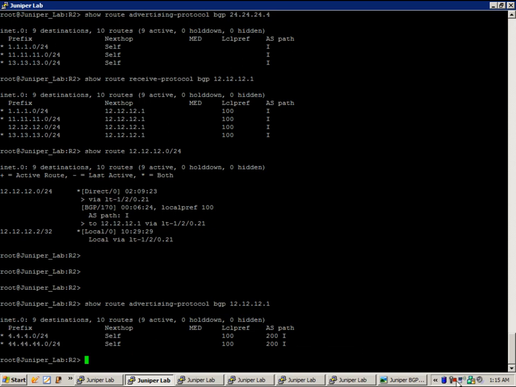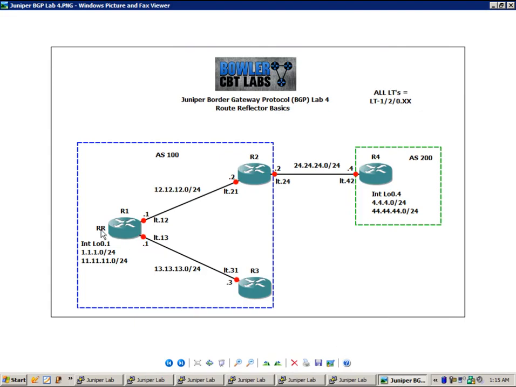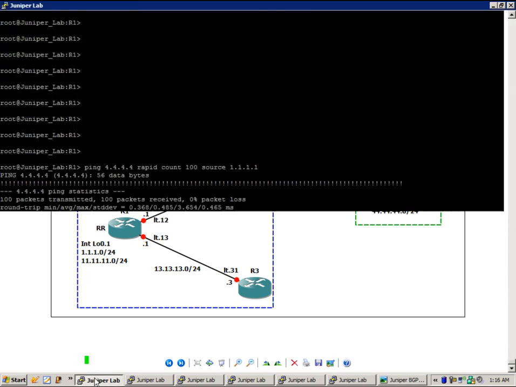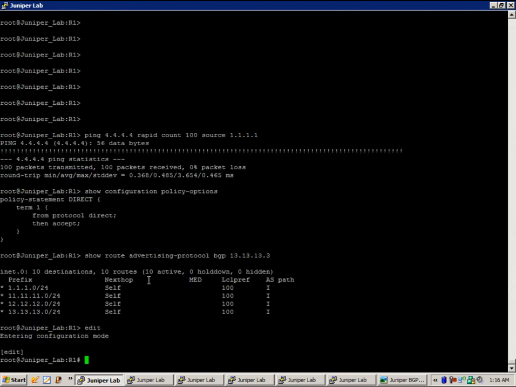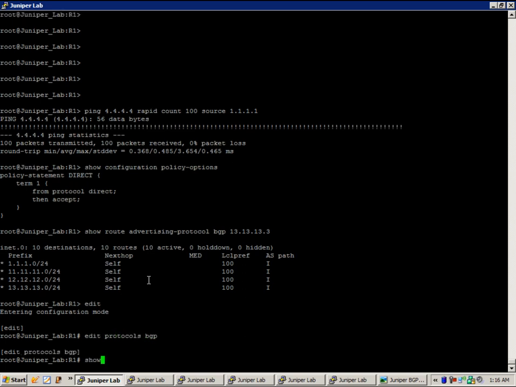So what we want to do now is go and configure router 1 as our route reflector. The configuration for this is very simple. We'll go under edit protocols BGP. We'll do a show.